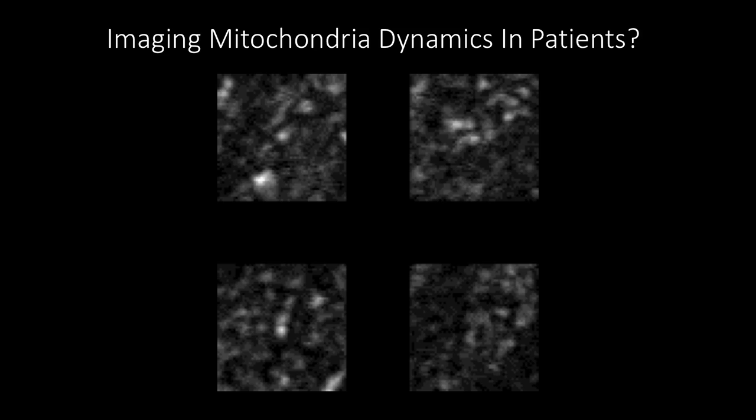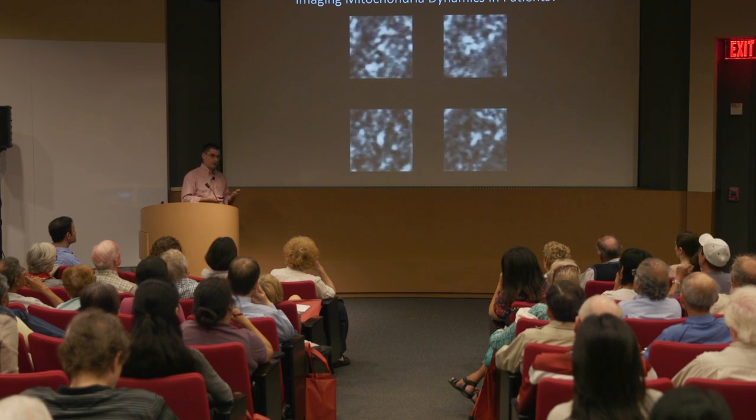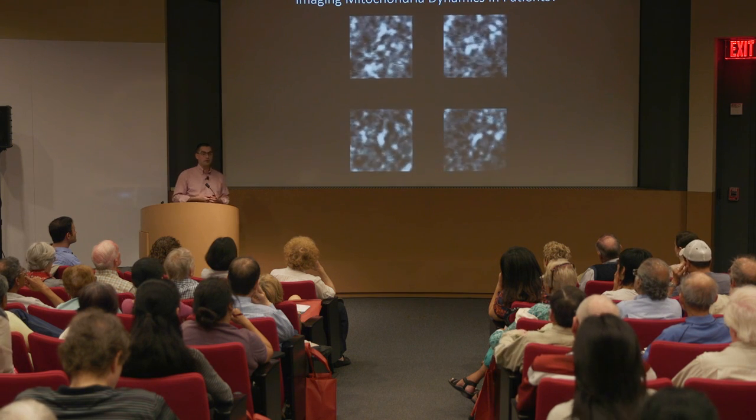And in fact, if you were to look at the center of each of these movies here, you might see that there's something that looks like a worm that's kind of moving along. And these, we're hoping to confirm this, but we think are mitochondria. And these are really essential components of the cells that provide a lot of the energy. And if these mitochondria are not moving along the axons, then the cells are not very healthy.